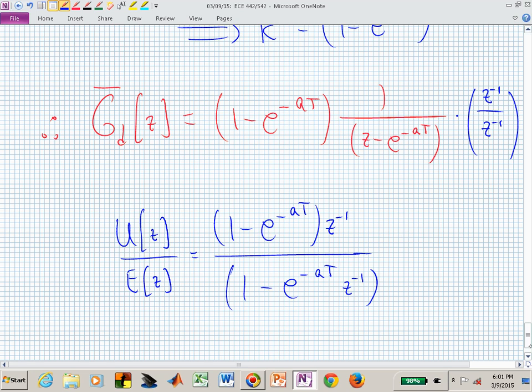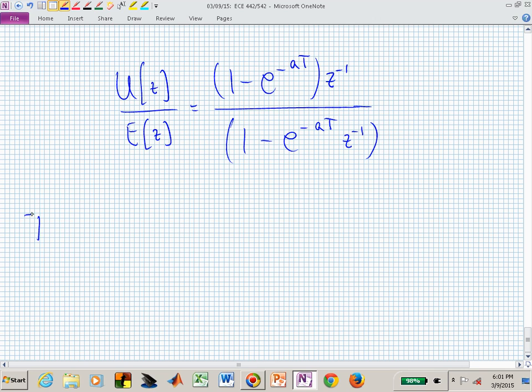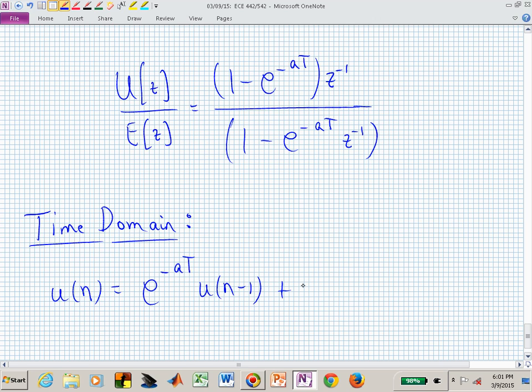Now if we take this into the time domain, by cross-multiplying and realizing that z to the minus 1 is a delay in the time domain, we end up with u of n equaling e to the minus at u of n minus 1 plus 1 minus e to the minus at times e of n minus 1.